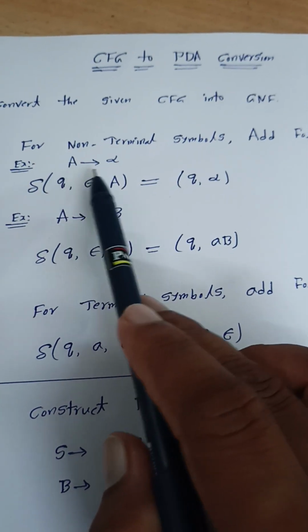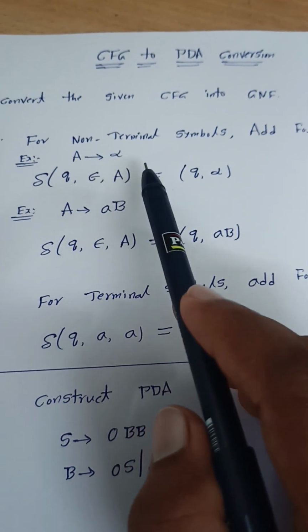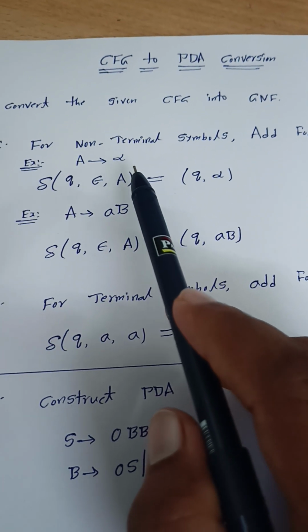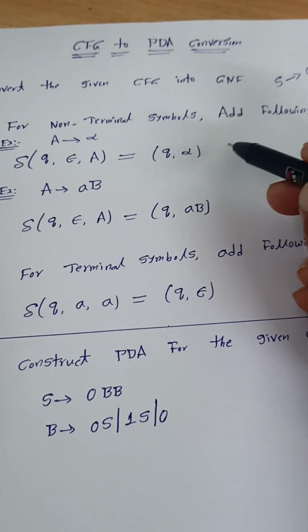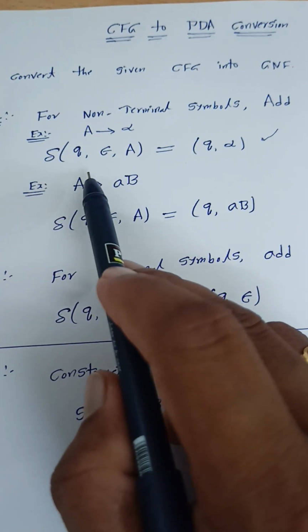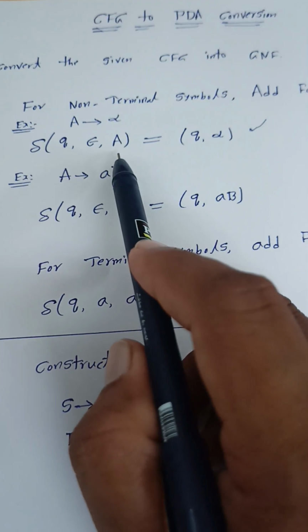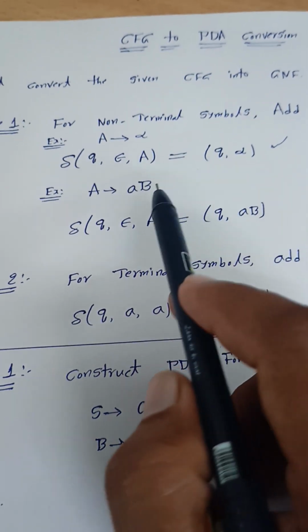Suppose the production rule is capital A implies alpha. Then we consider the transition function delta of q comma epsilon comma capital A is equal to q comma alpha.